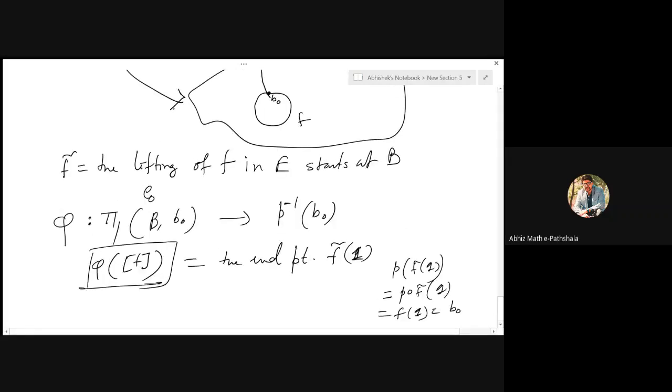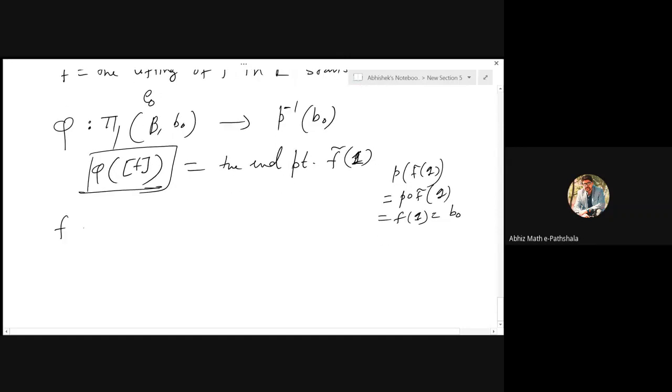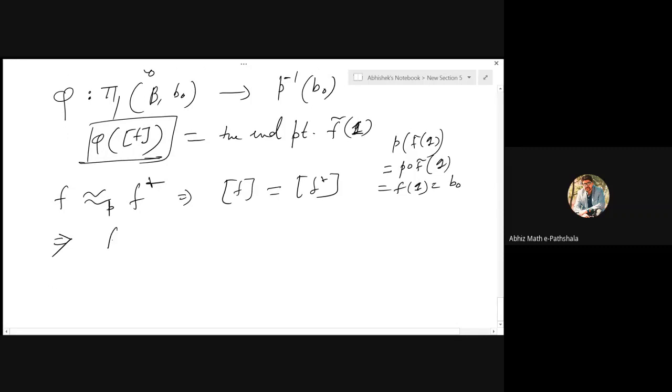If you take two loops, suppose F and F star, that are path homotopic to each other, then definitely your classes are same, and by the previous result, you can conclude that these two liftings are also path homotopic, and they will start from E naught.